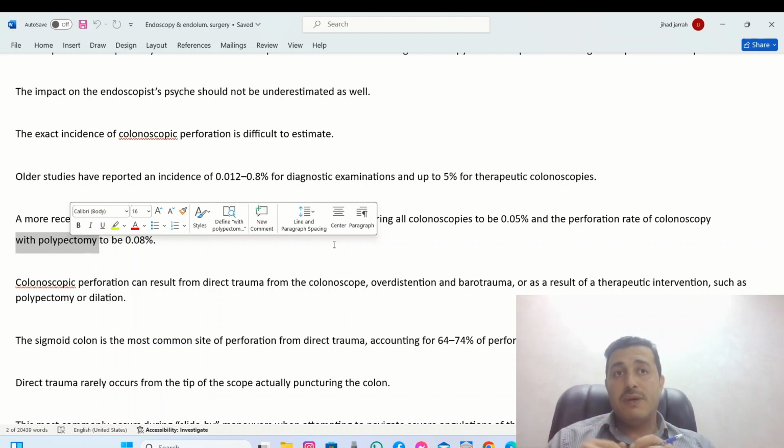For example, post-polypectomy or using coagulation and full thickness injury, which will ultimately lead to a defect in the bowel. This is an example of perforation due to therapeutic procedure.